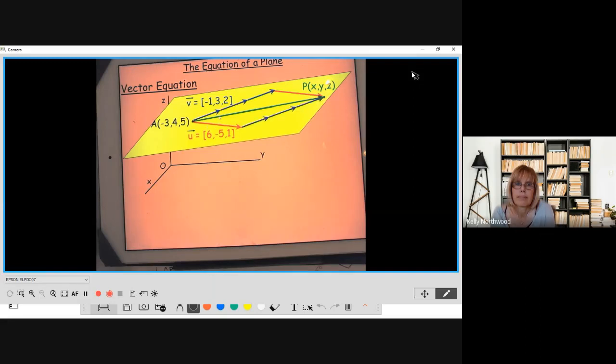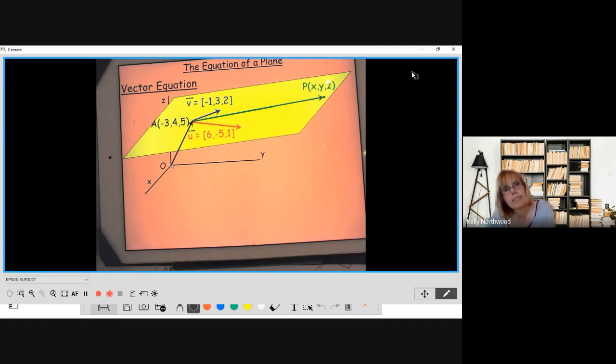So, for example, the way it's drawn here right now, it looks like that AP vector is 3 vector v's plus a vector u, and that's the parallelogram law, or you could look at half of it, it's a triangle law. And so AP is in the plane, okay, if you can write that vector as some linear combination of the 2 vectors that are in the plane or parallel to the plane.